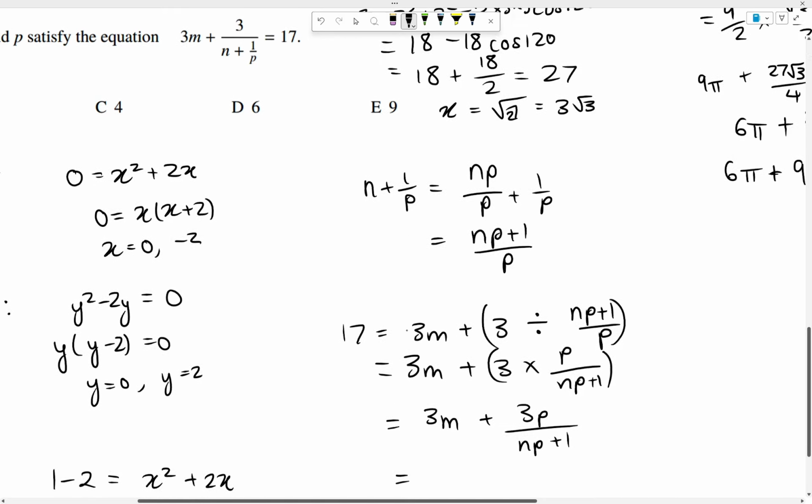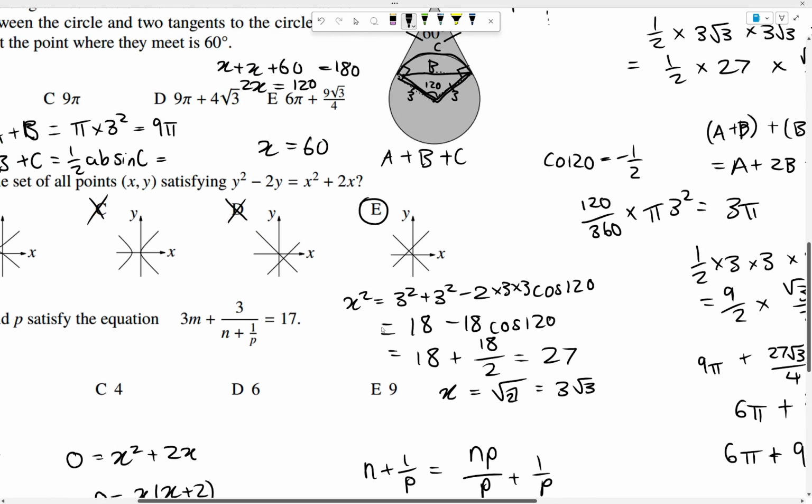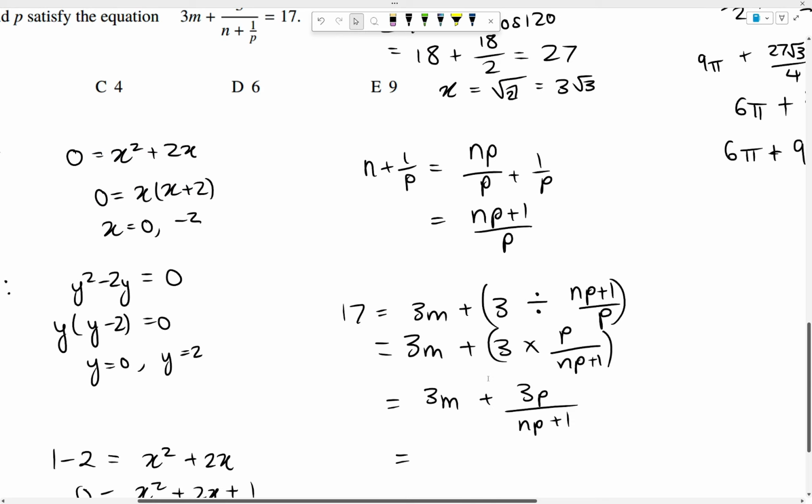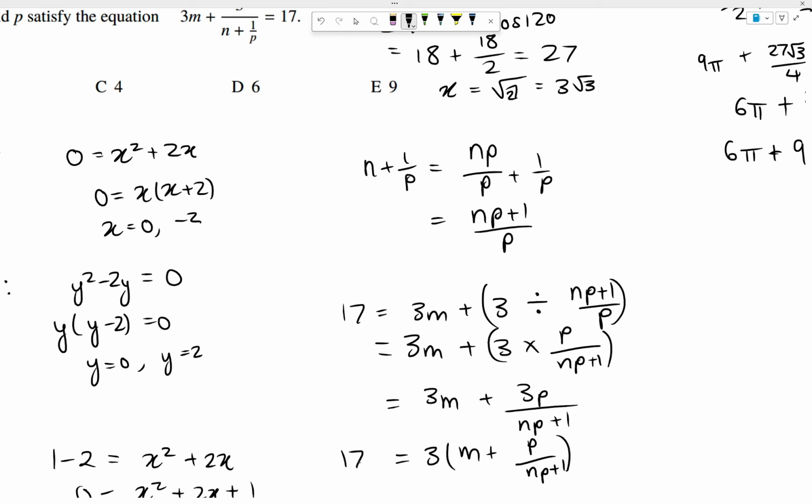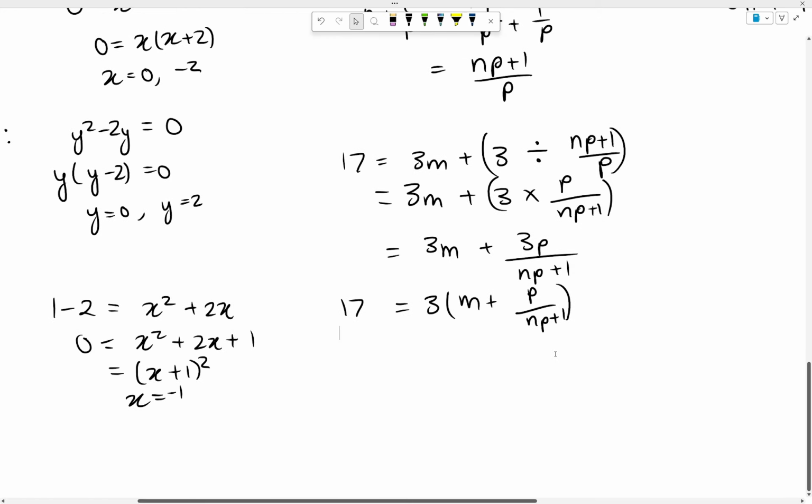And then I'm going to notice that I can factor out a 3 to give 3 times m plus p over np plus 1 is equal to 17. And then the next thing I'm going to notice is that p over np plus 1, that's a bottom heavy fraction.